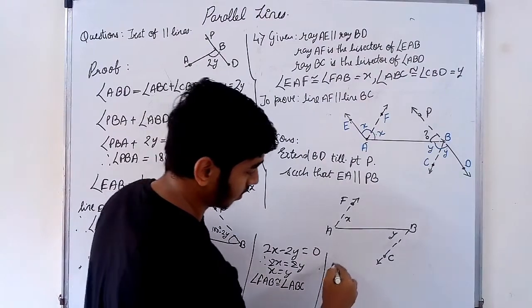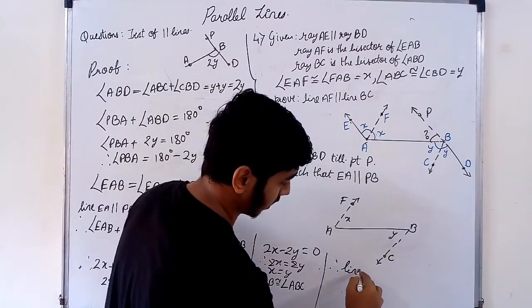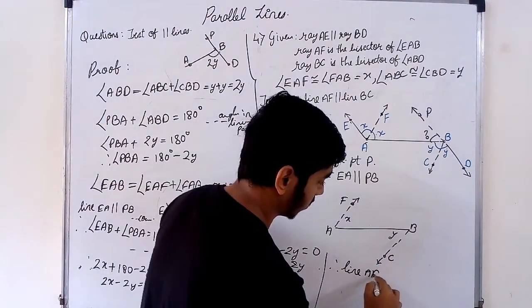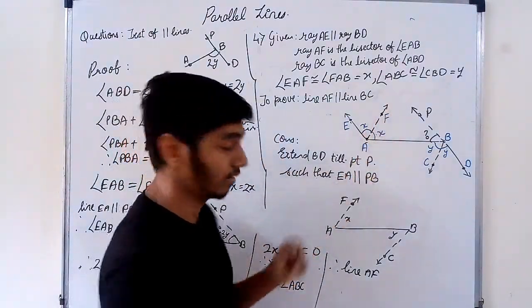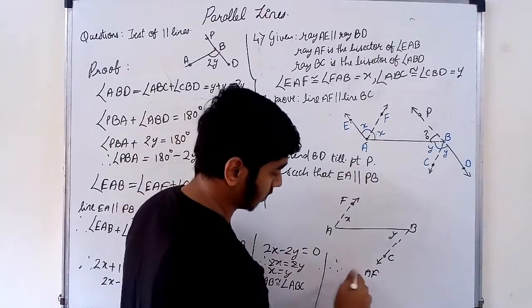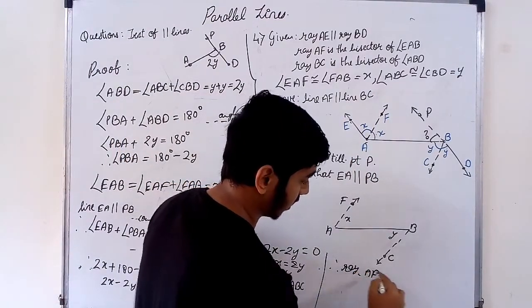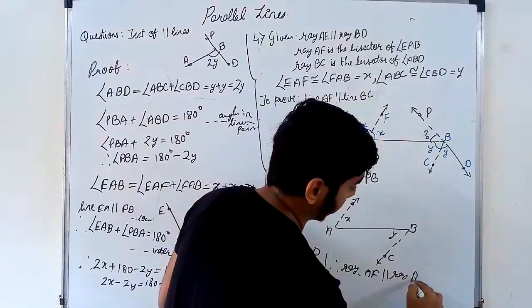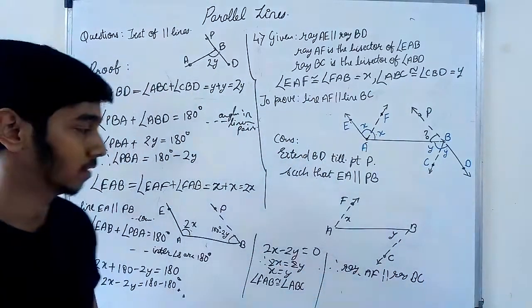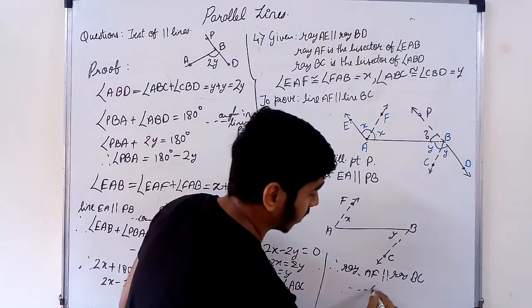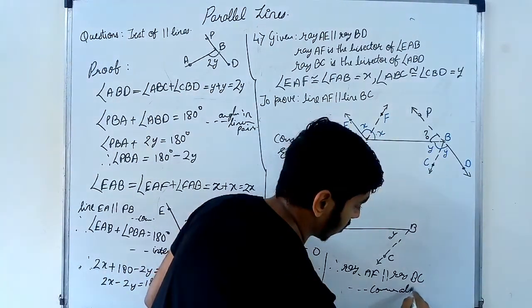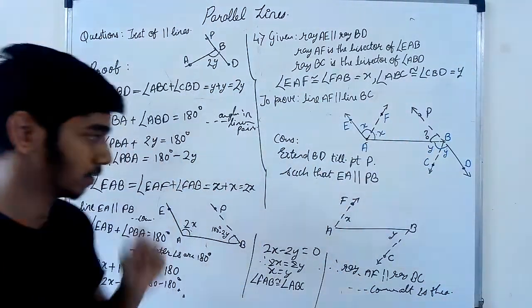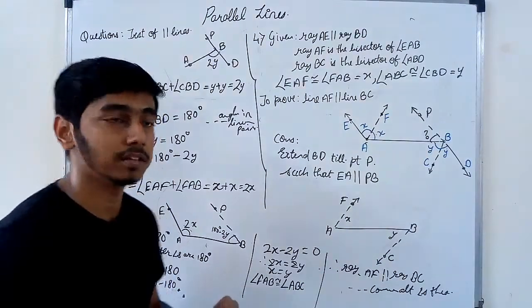Line AF, or ray AF, we'll say that ray AF is parallel to ray BC. Why? By converse of alternate angles theorem. I hope you have understood this.